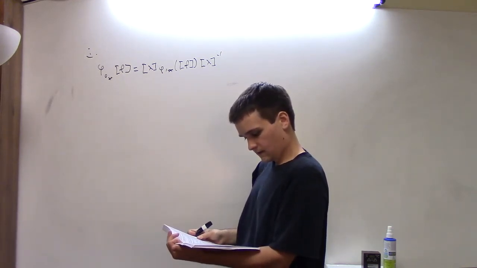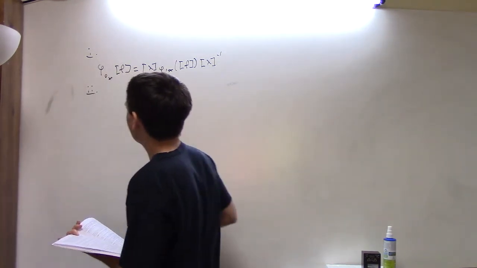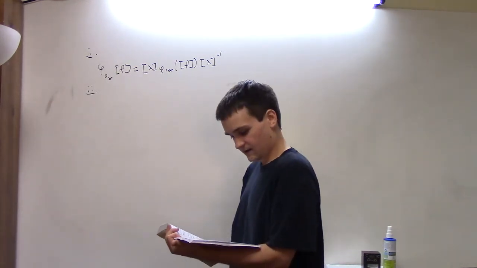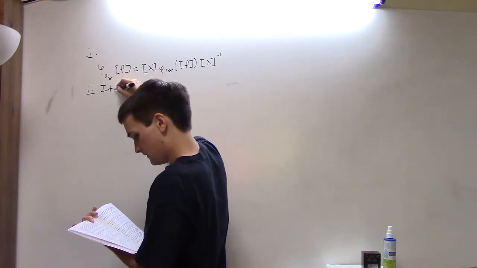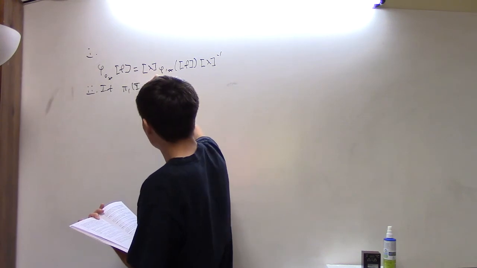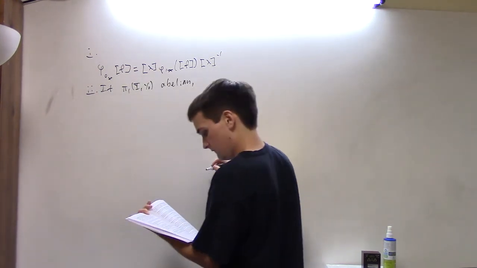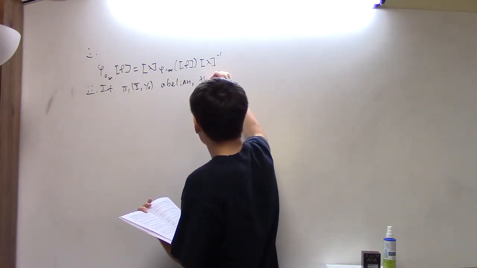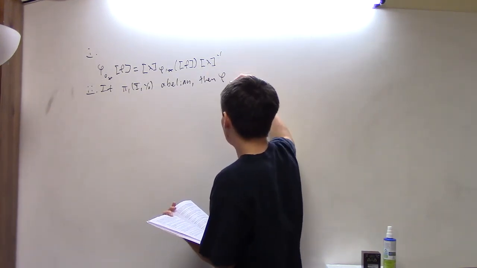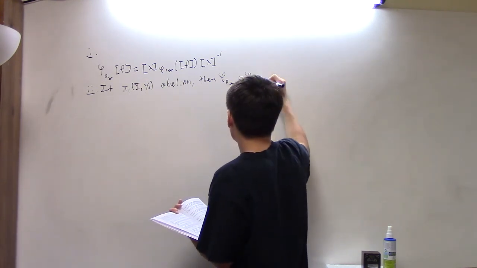So the second part pretty easily follows once you know some group theory. If pi 1 of y naught is abelian, then these maps, or induced maps I should say, are actually equal.